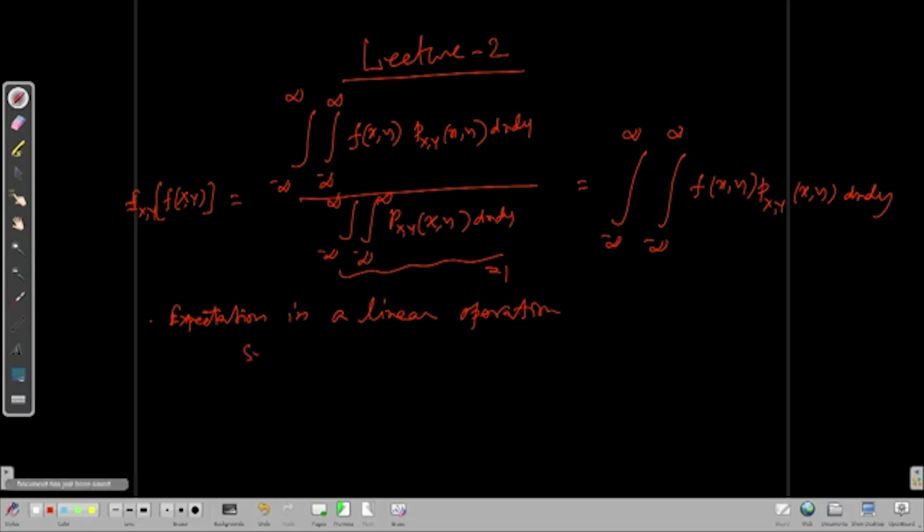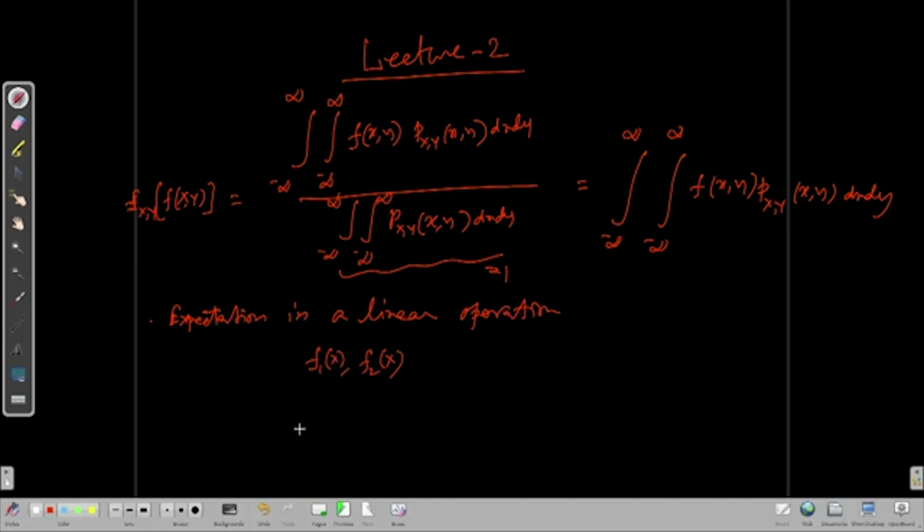Consider the single variable case, and then we can easily extend to this case also. I will do that. Suppose you are given two functions, f1 x and f2 x.